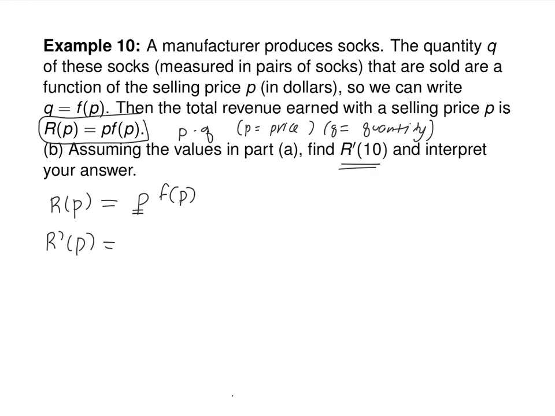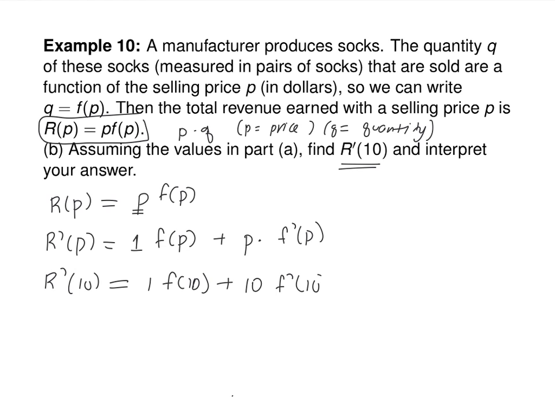Not 0. 1. It's not a constant, it's a variable. 1 times f of P plus P times f prime of P. So R prime of 10 will be 1 times f of 10 plus 10 times f prime of 10.